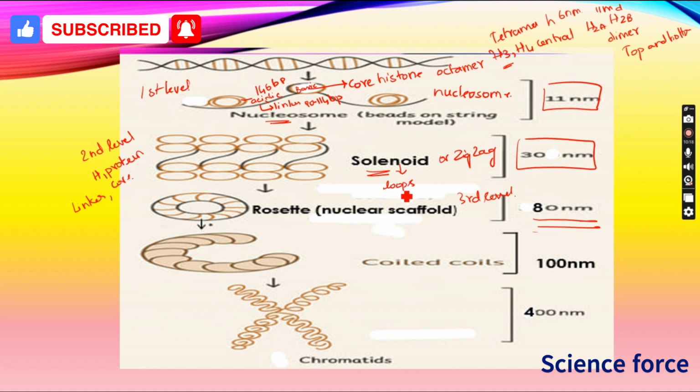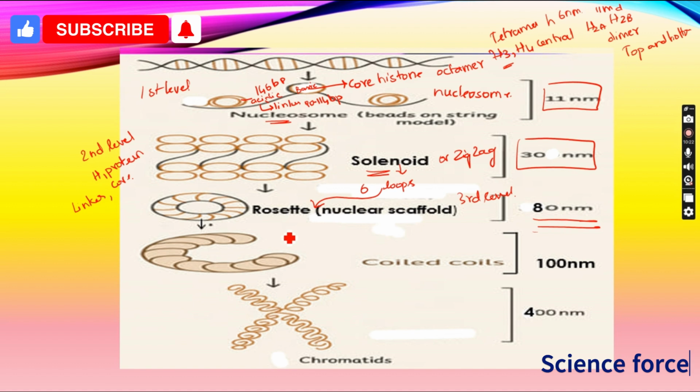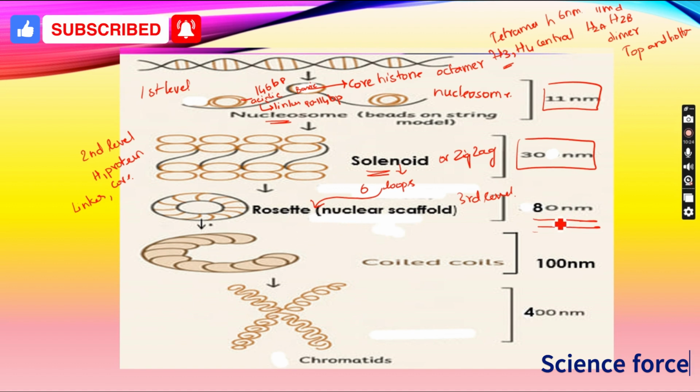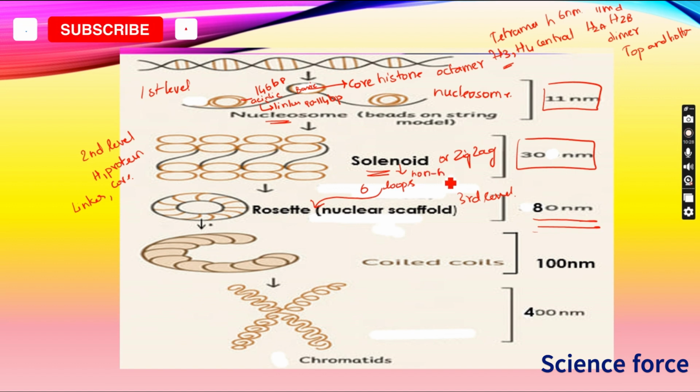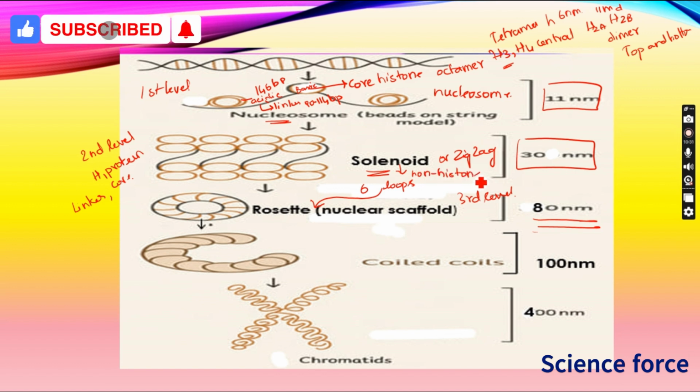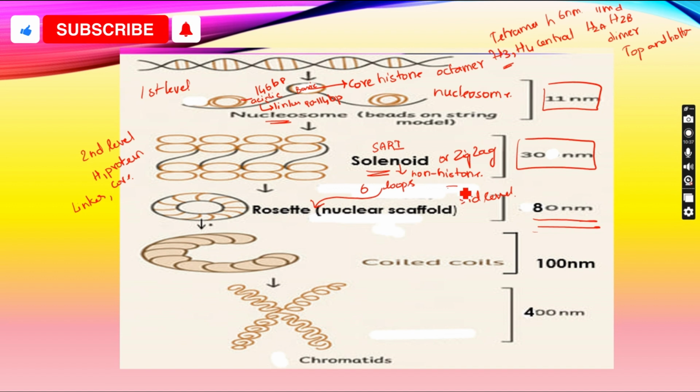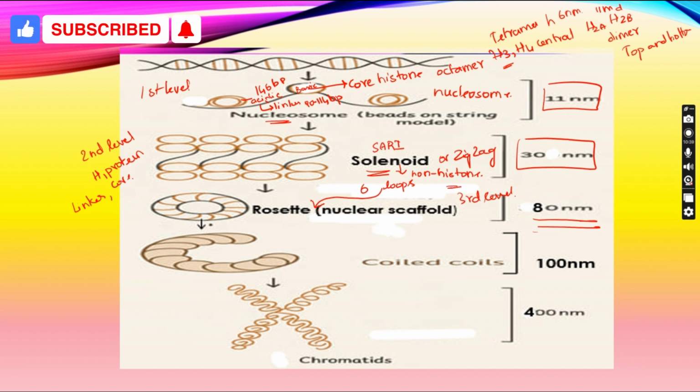Solenoids are arranged into loops. About 6 loops can form one rosette of 80 nm. This looping can be carried out by non-histone proteins, which play an important role. DNA consists of SAR regions, which cause non-histone proteins to bind.